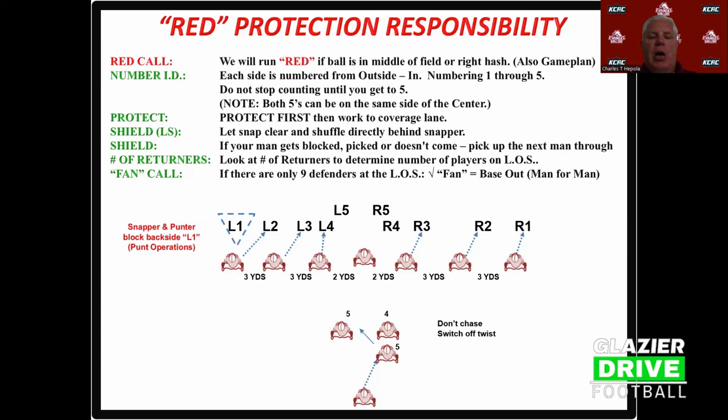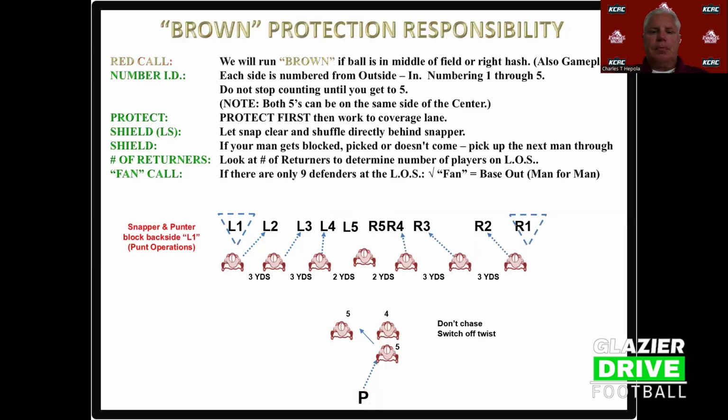The left end would be L1, the left tackle would be L2, the left guard would be L3. You would eliminate one of those from the equation because you'd have two returners back there. Then the PP and the left shield and the right shield would take the three guys in the A gap. That would be our fan call if we have a two-man return out there.